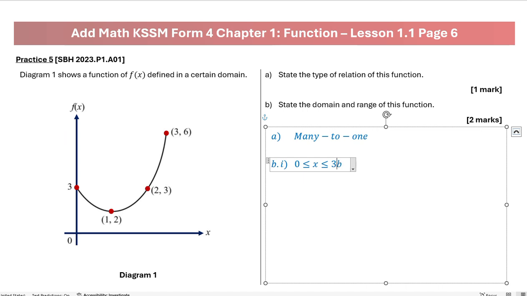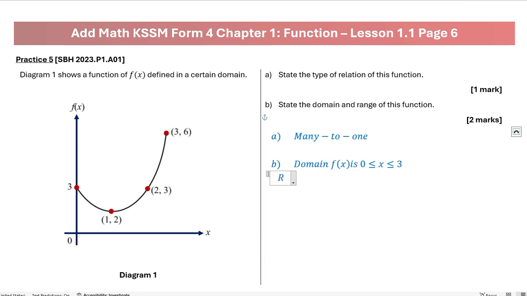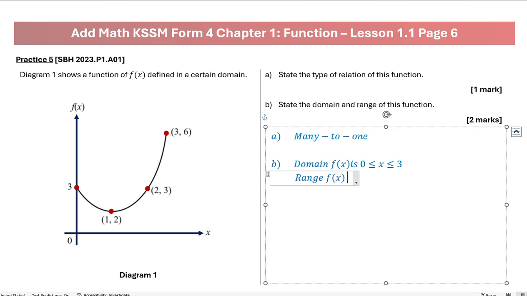B2, range. Sorry, in this case, only one question. So we need to write domain of f(x) is, and then range of f(x). What is range? The vertical column covered by the graph. Range of f(x) is, so the lowest point is, draw a dotted line.